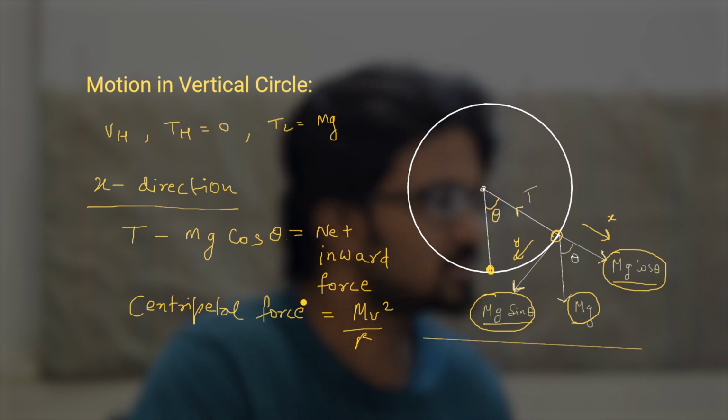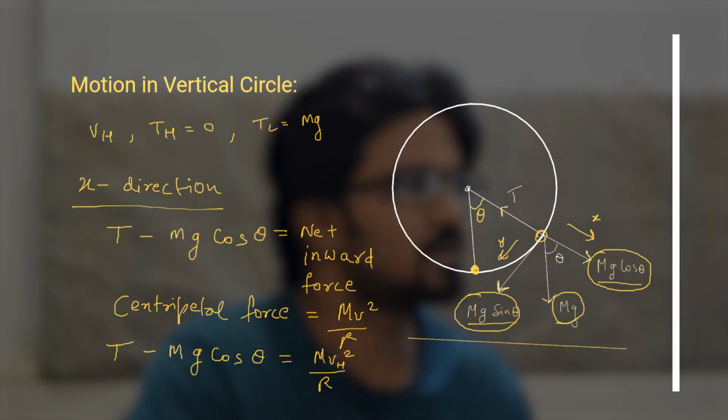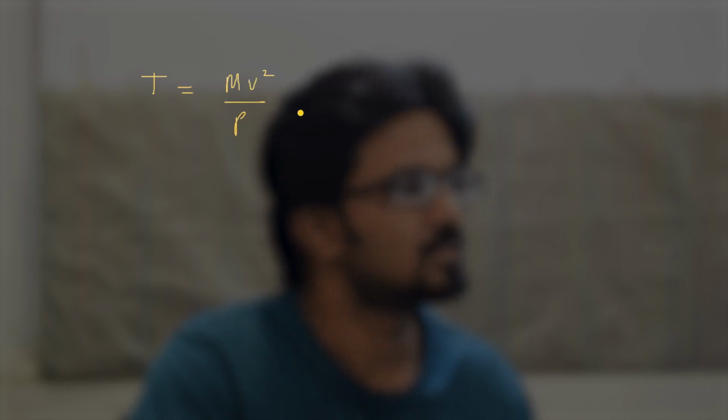So we can write this equation as T minus mg cos theta is equal to mv square by r. This velocity we will require for the highest point. So the net equation is T is equal to mv square by r plus mg cos theta.